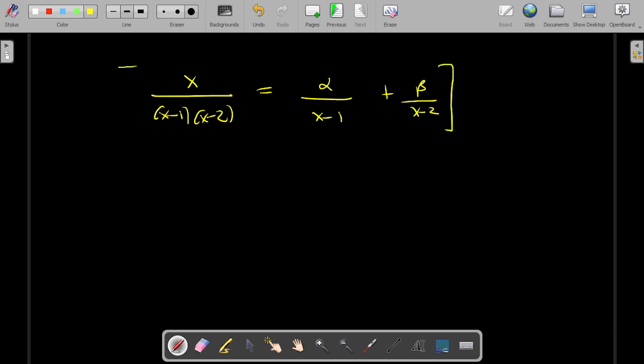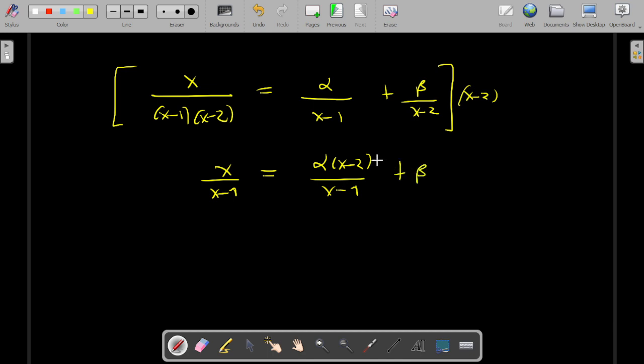So we multiply by the linear factor x minus 2 throughout. When we multiply, we have x divided by x minus 1 equal to alpha multiplied by x minus 2 divided by x minus 1, and then plus beta.